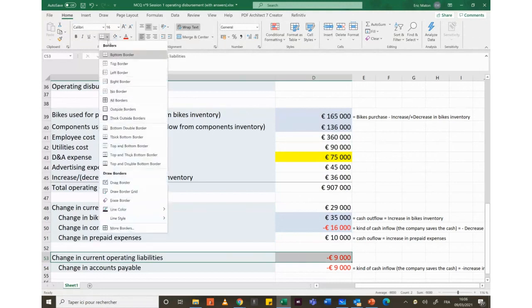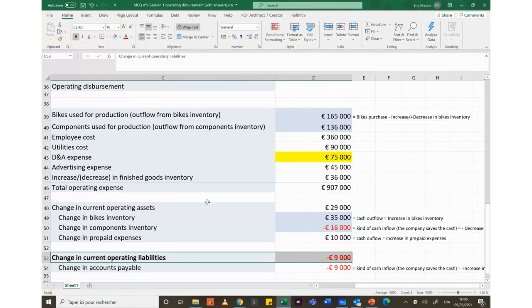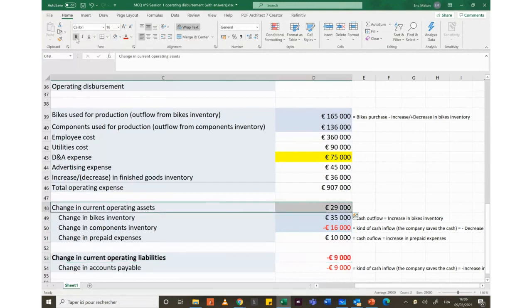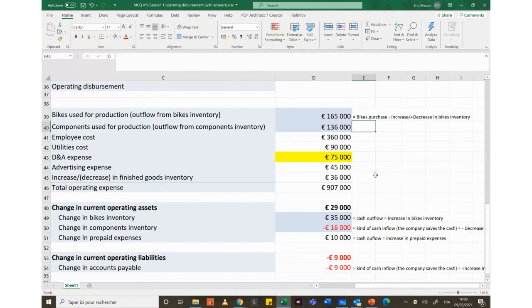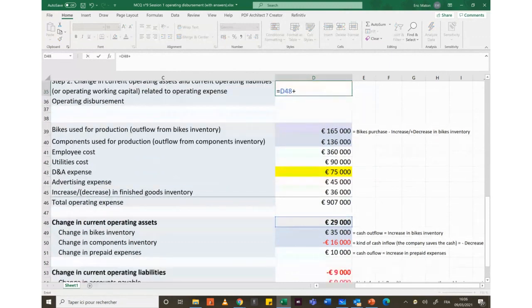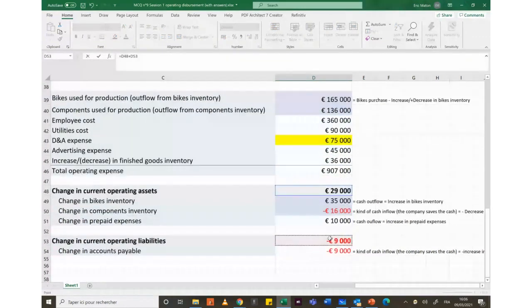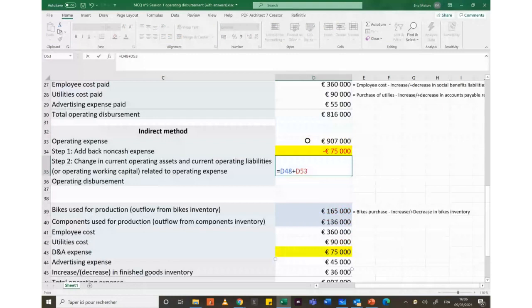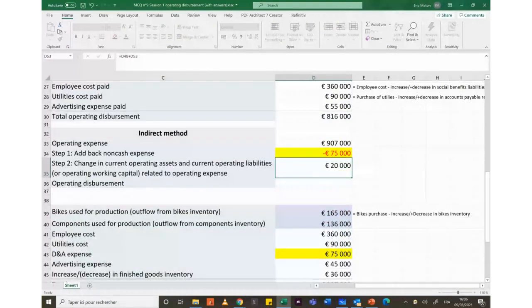We have the total. Here I have the total. So I put the 2, the 29, and the 9. I have already the sign if it's cash inflow or outflow. And now I add all this.